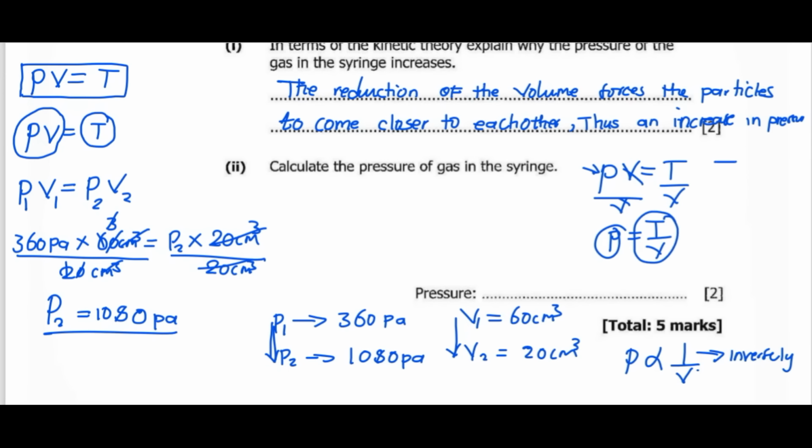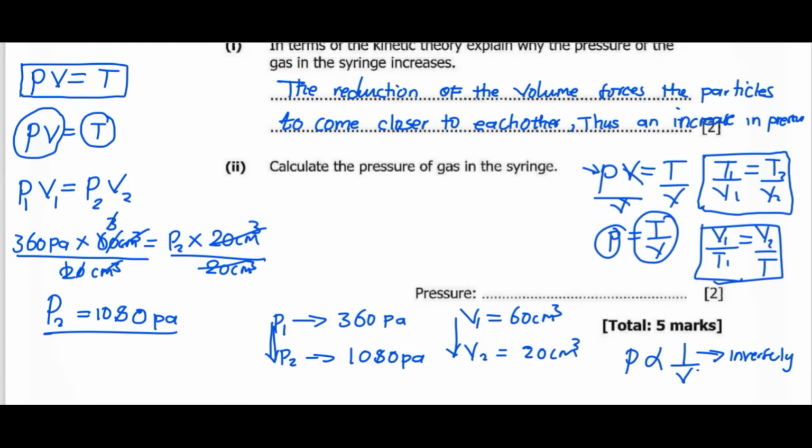So our formula would be T1 over V1 is equal to T2 over V2. This is another formula. From the question, you'll be given what remains constant, so make that the subject and you'll be able to see the formula. Also don't forget that V1 over T1 is equal to V2 over T2. These two formulae are the same.